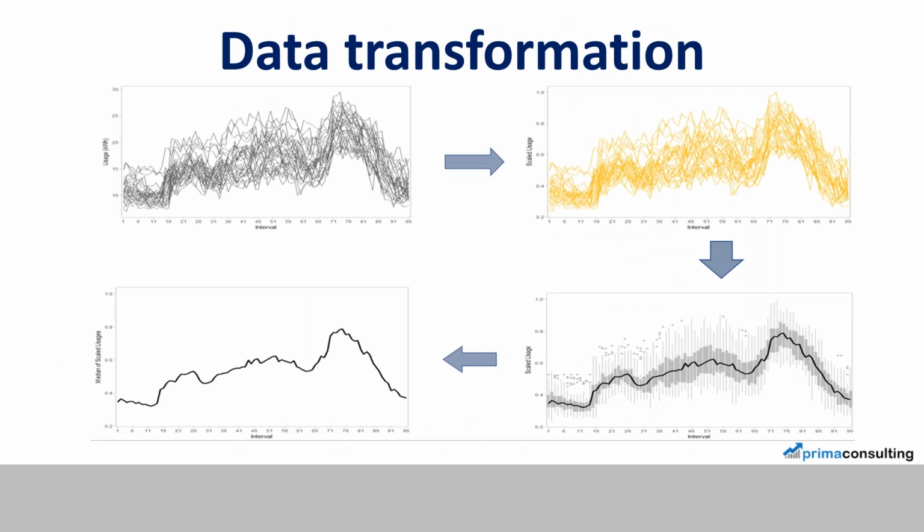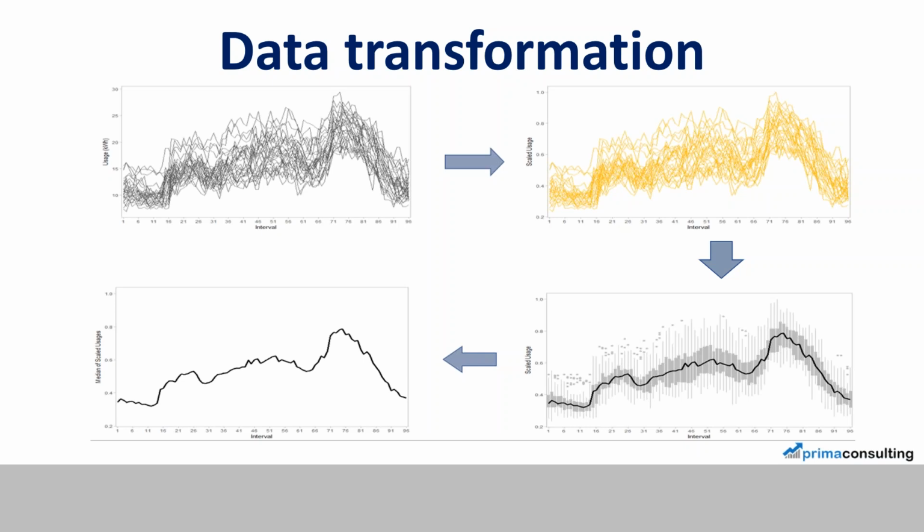So I'll just quickly talk about the data transformation, how from daily 15 minutes interval data, as you can see, 15 minutes interval, 96 data points for each day, we ended up with well-defined 6 clusters.